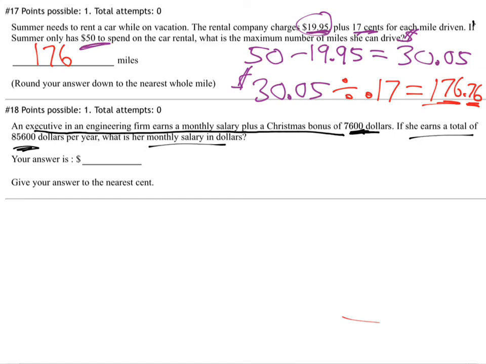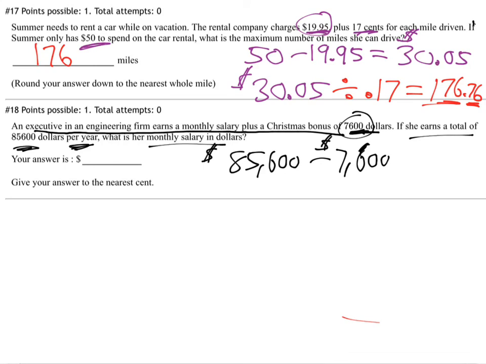She made $85,600 in a year, and the Christmas bonus was $7,600. So subtract the 7,600, because the rest is her monthly salary, which we're trying to find. So take out the bonus, and you'll find out what she's getting paid regularly.